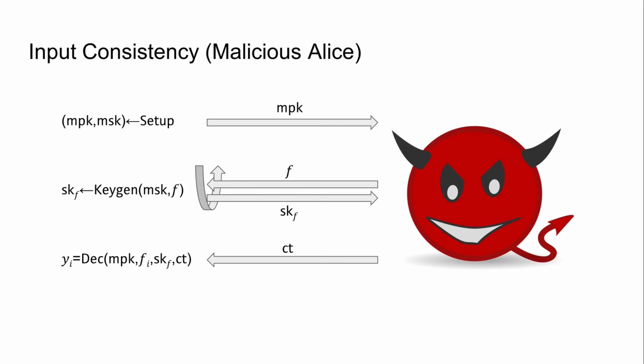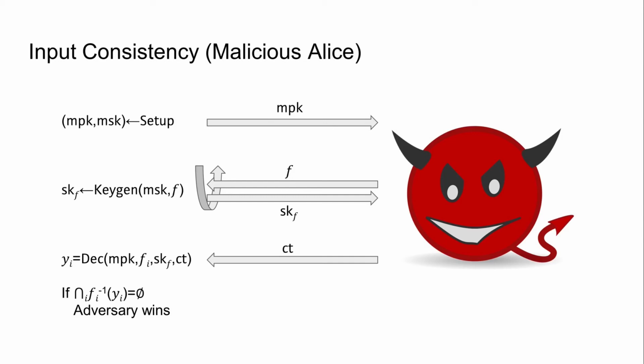The challenger checks this condition by decrypting the ciphertext using all the functional keys that the adversary has previously received, and by computing the intersection of the preimages over the different functions corresponding to the different functional keys. If the intersection is empty, then there exists no plaintext that explains the decryption behavior and consistency is broken, which makes the adversary win the game.